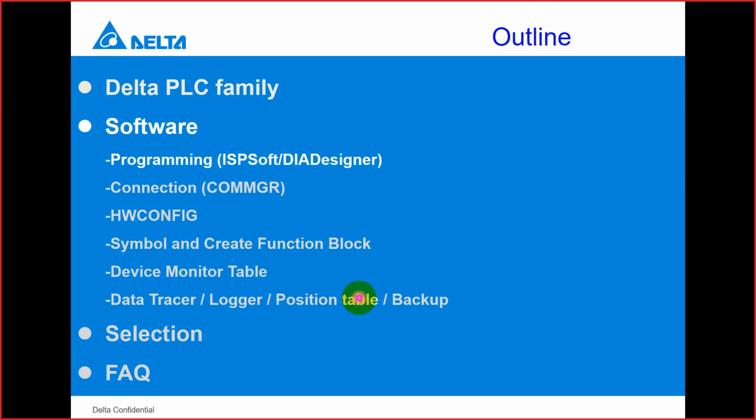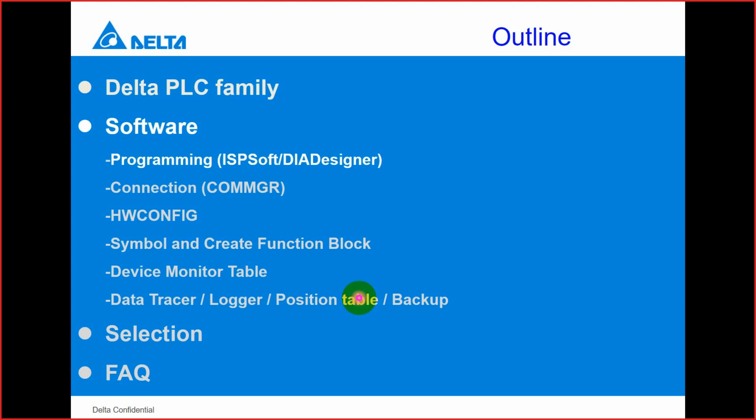Because as you know, in the past we have so many software for different products. Maybe if we just talk about the PLC, we already have around 10 software. So for example, in the past, if we want to configure the IP address of DVP PLC, we can use either DCISoft or the IE Explorer.